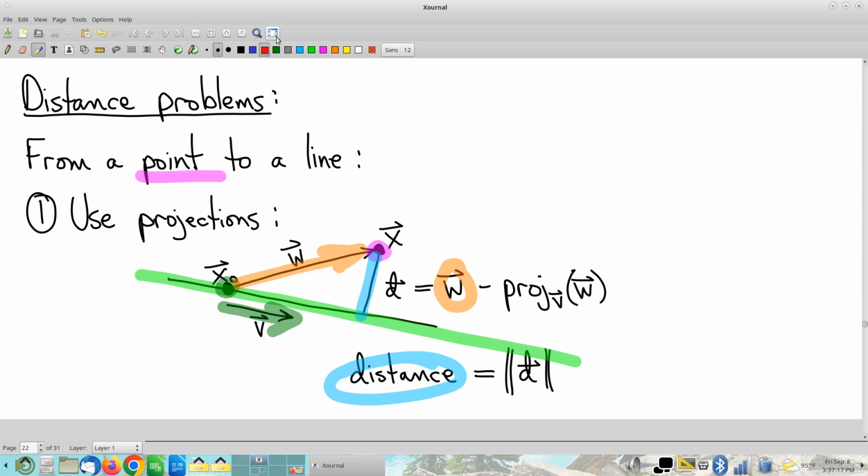Take its projection, which we know how to do from earlier this week. All right, so we've got a vector w in orange, we've got its projection in red, and notice the distance that I'm interested in is just the magnitude of this vector here, namely their difference.